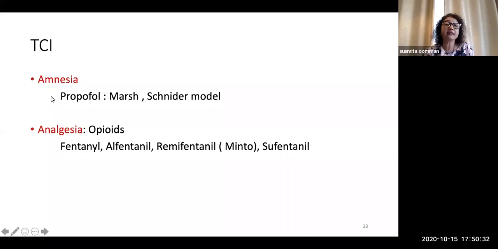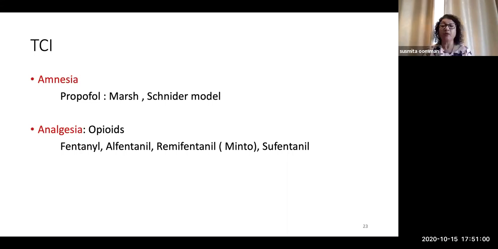And the other thing, as I mentioned, we give propofol, and we also give opioids. We give a combination. So combination of opioids, these are morphine derivatives. These are fentanyl or alfentanil or remifentanil or sufentanil. Now, these are another topic in itself. How much do you give? What would be your choice? Again, it is all tailor-made to your patient that you have.